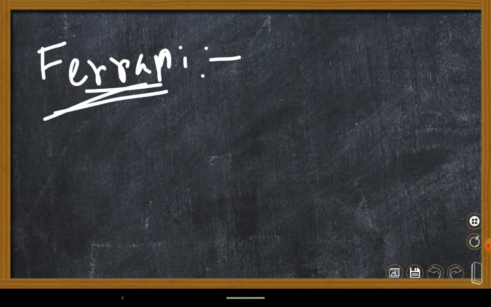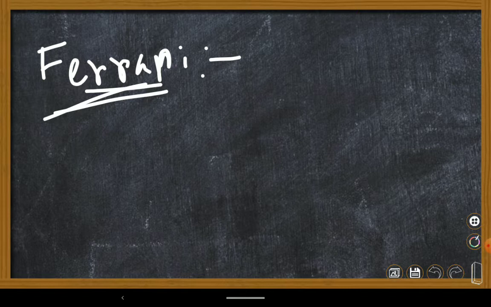So listen carefully. I took the following information from Google about a Ferrari. My handwriting might not be too good because I'm writing on a virtual board, so you have to manage. If you don't understand anything, you can write in the comment box.